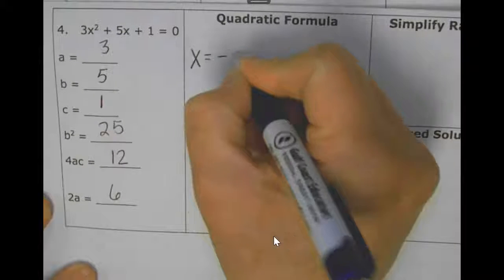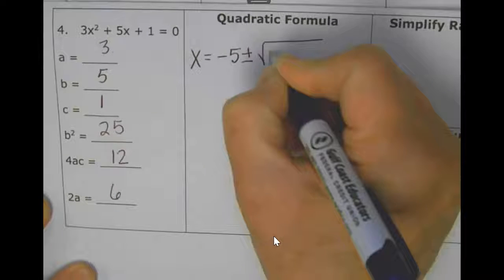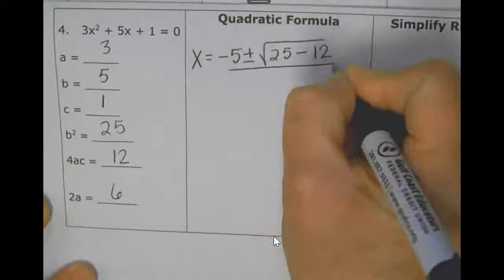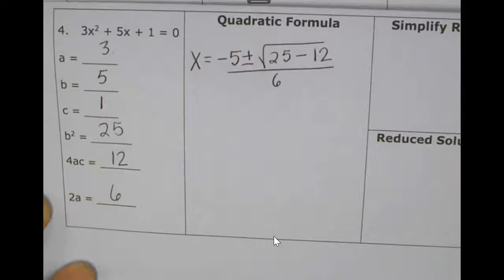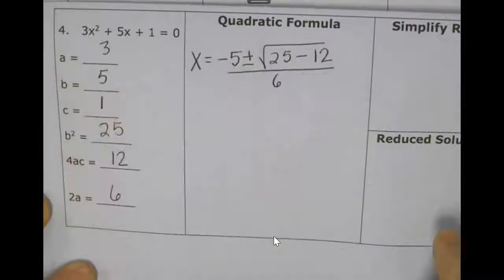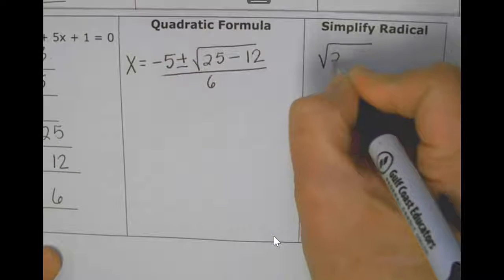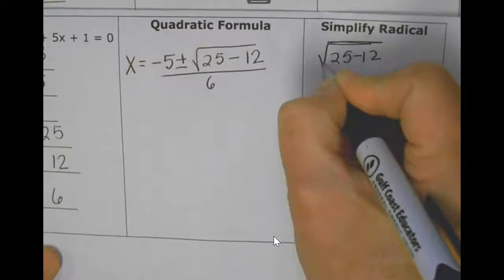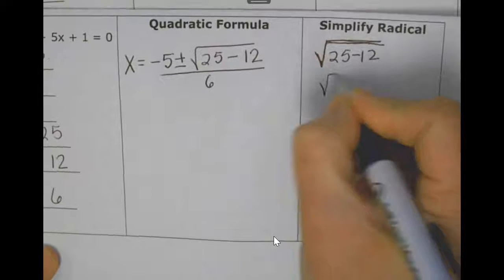X equals minus B, plus or minus the square root of B squared minus the 4AC number, all divided by 2A. The reason I have this box over here is so that I can put the radical, square root, over here and have some space to simplify it.